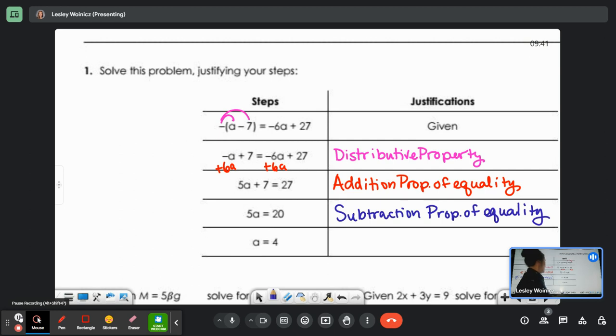Okay, what about the last one? Yeah, division property of equality. Yes. Okay, that wasn't so bad, right?